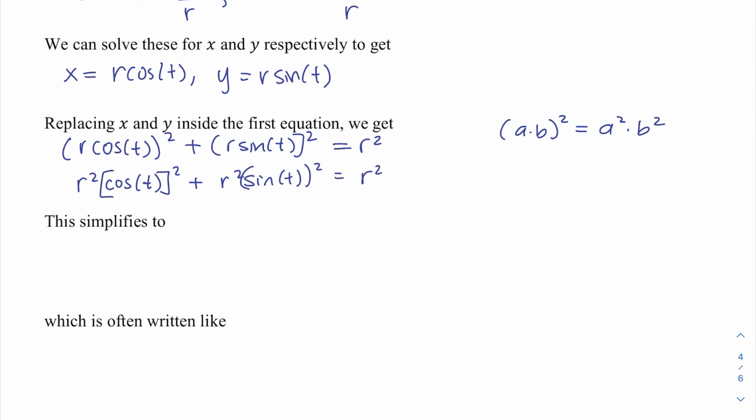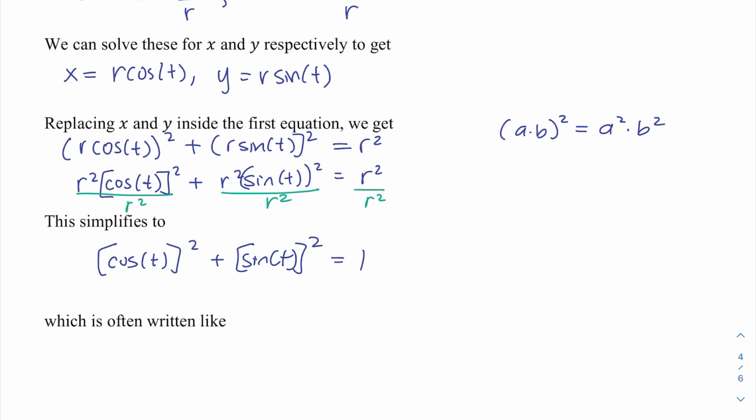And now, because r squared is never equal to 0, we wouldn't have a circle at all, I can divide each term by r squared. When I do that, I get cosine of t all squared plus sine of t all squared equals 1.